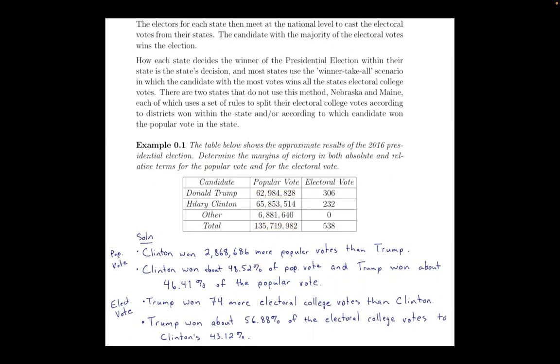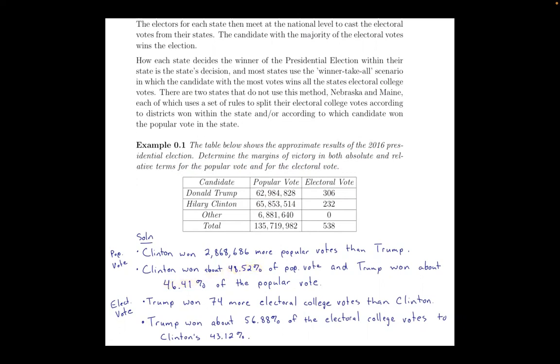That would be the difference between these two percentages in percentage points. So it looks like Hillary Clinton won about 2.1% more of the popular vote than Donald Trump did. That's really just the difference between these two numbers. So that's essentially one way of looking at the relative margin of victory in this case.